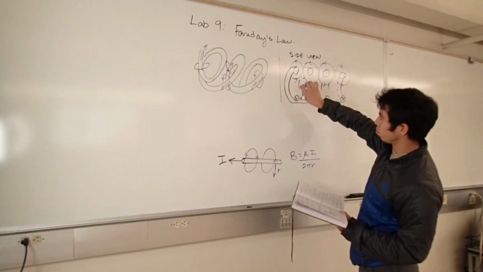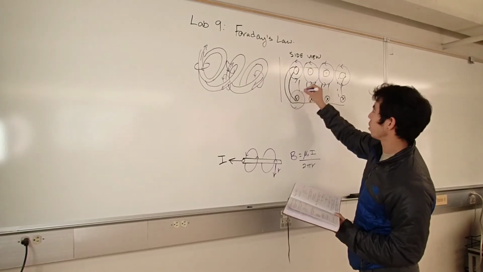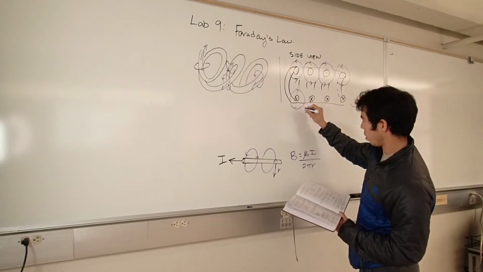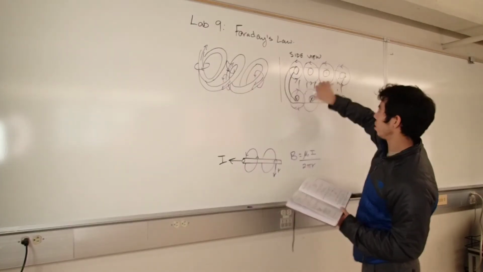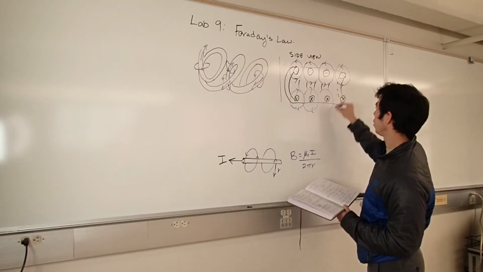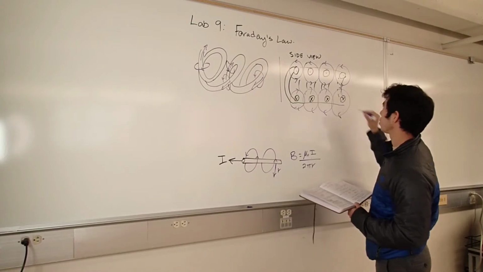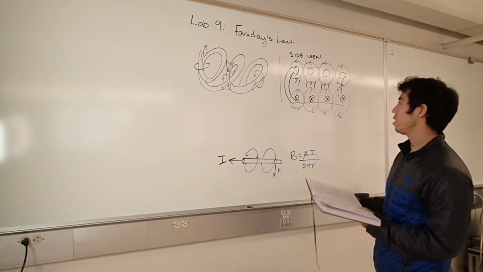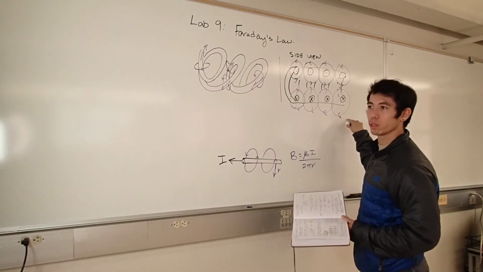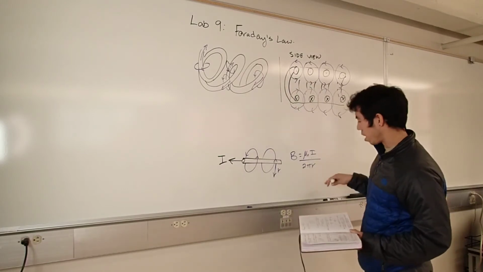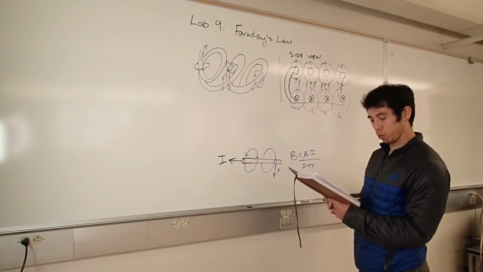At the bottom, the current goes into the board, and so the magnetic field points clockwise. Clockwise again. Get the picture? The point here is that these individual magnetic loops will superpose, or sum, to add to the solenoid's magnetic field.